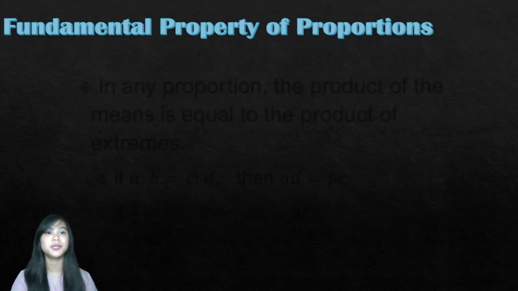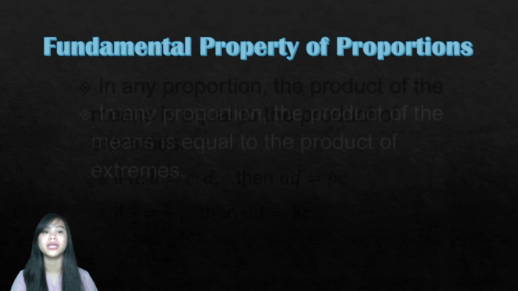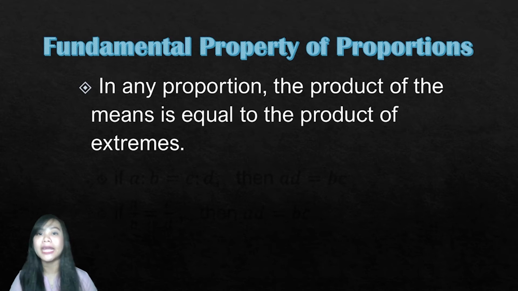So now, let us discuss the fundamental property of proportions. This property tells us that in any proportion, the product of the means, or the second and third terms, is equal to the product of the extremes, or the first and fourth terms.